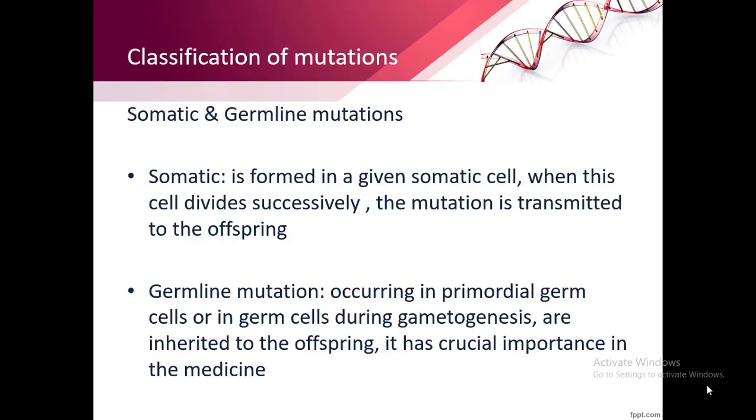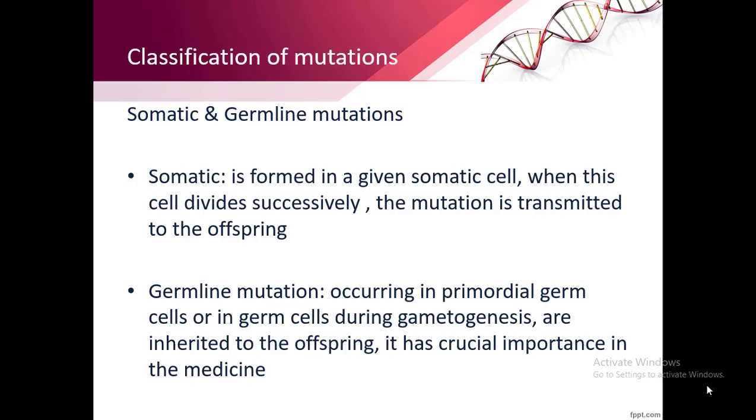We have two types of mutations, the somatic and the germline. The somatic mutation is the one that is formed in a somatic cell. When these cells divide successfully, the mutation is transmitted to the offspring, while the germline mutation is the mutation that occurs in the primordial germ cells or in the germ cells during gametogenesis.